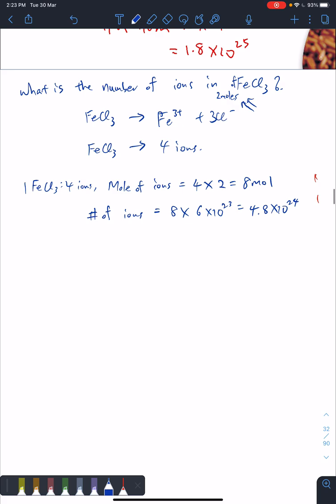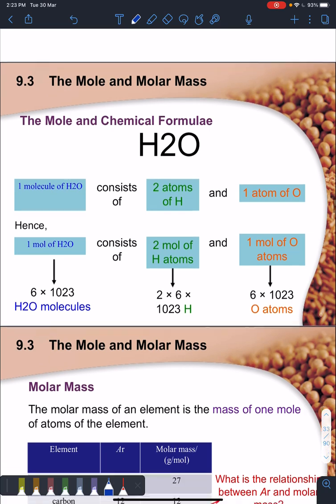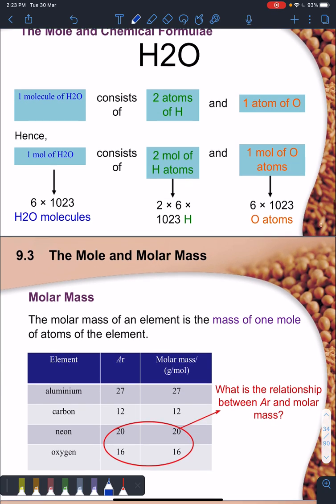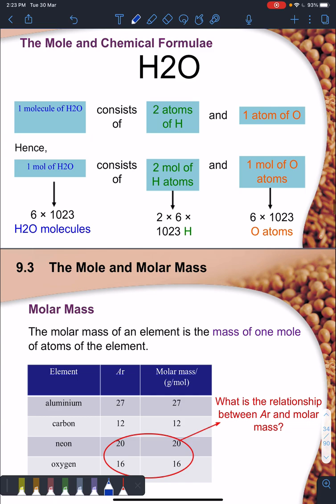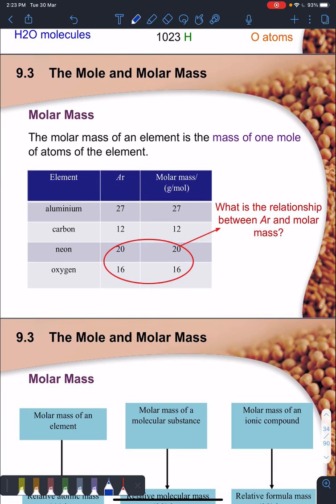Okay, so moving on, let's take a look at this. Your molar mass. So molar mass is something that we have done before. So actually we represent this as your AR, MR. It's a similar term.